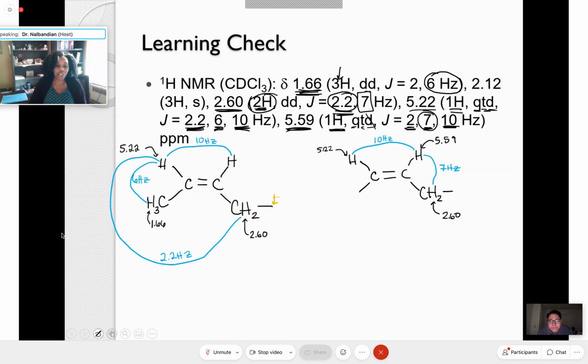The last thing we have to show here is, so we've shown why it's a triplet, why is it a quartet? And why is it 2 hertz coupling? Over here, we have these 3 hydrogens. We know these 3 hydrogens are 1.66, but from these hydrogens over here to 5.59, that is our 2 hertz coupling.